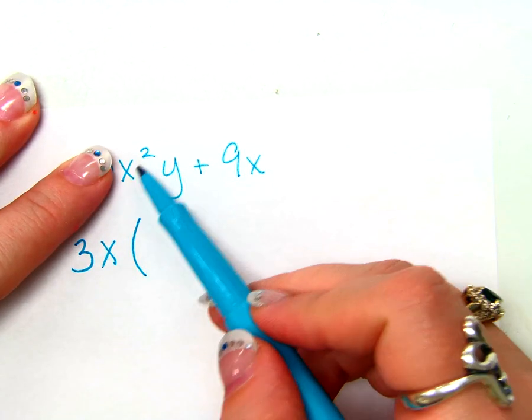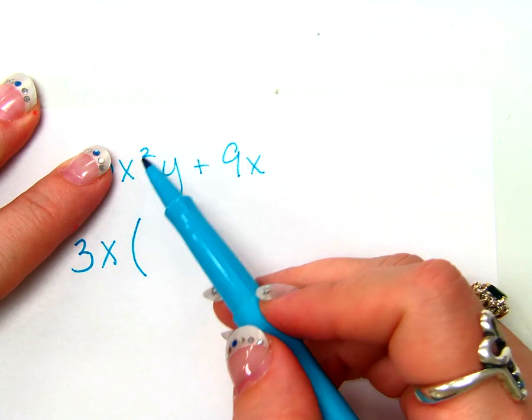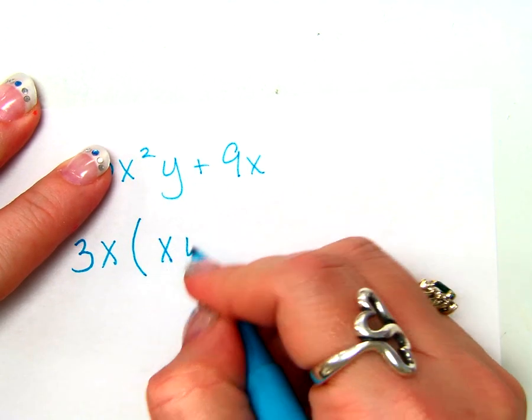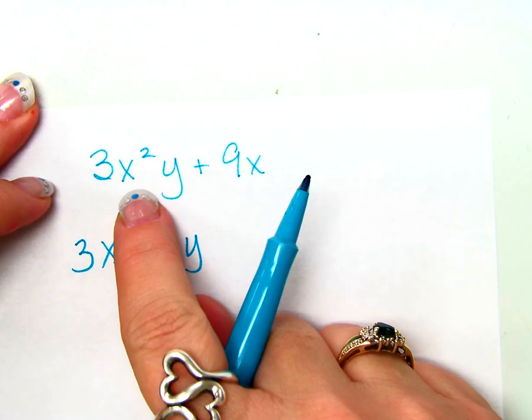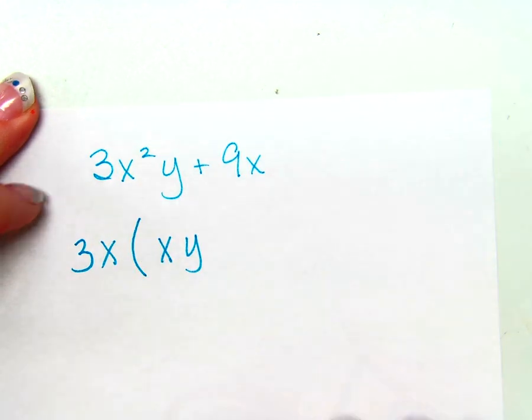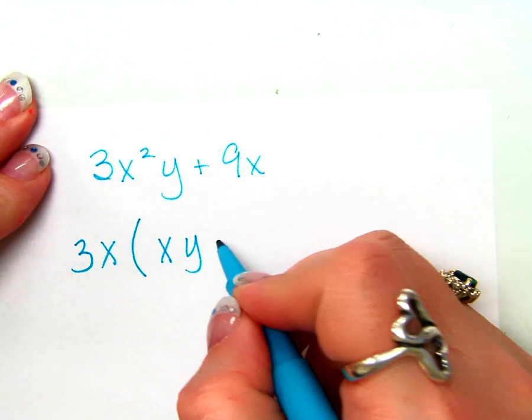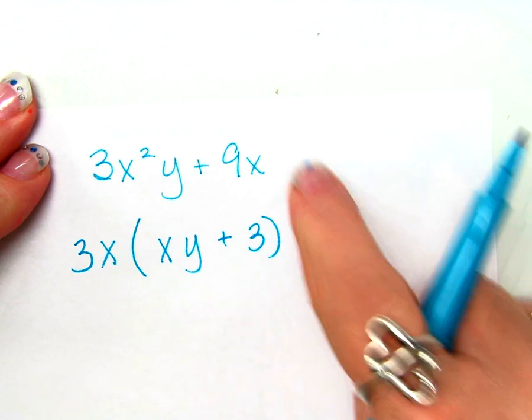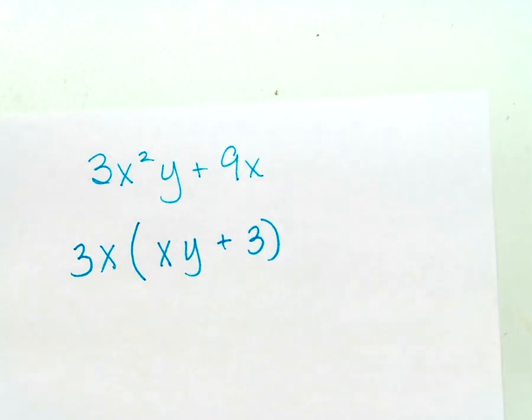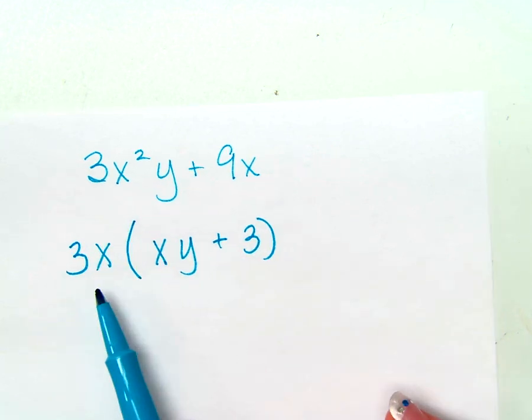If I divide this term by 3x, I get xy, because remember, when I divide by x, I subtract my exponents. If I divide this term by 3x, I get a 3, because x divided by x is just 1. Okay? So again, when I'm factoring, the first thing I look for is if I can factor out a greatest common factor. The greatest common factor here is 3x.